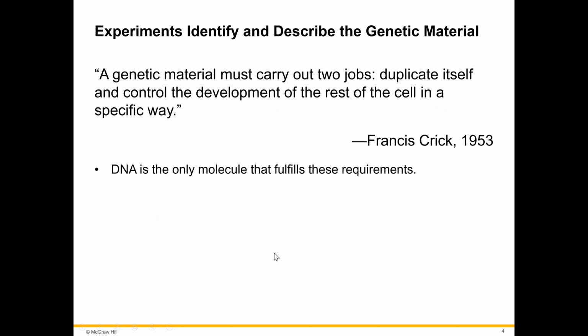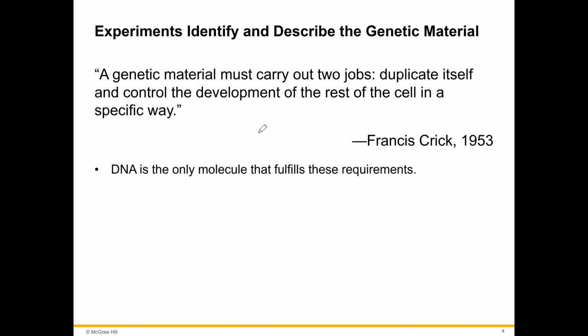Genetic material must carry out two jobs: duplicate itself and control the development of the rest of the cell in a specific way. So what is the molecule that satisfies these two criteria?